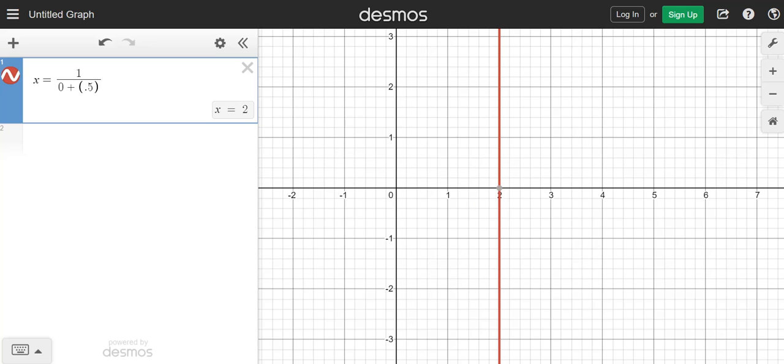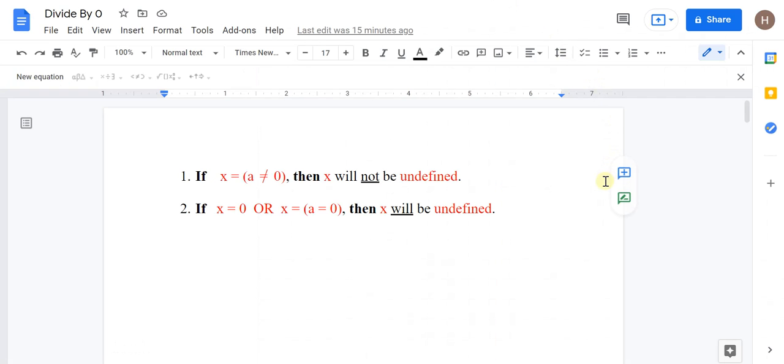So, with this information, we can declare 2 things. 1, if x equals a, which is any number that does not equal 0, then x will not be undefined. And 2, if x equals 0 or x equals any equation that equals 0, then x will be undefined.